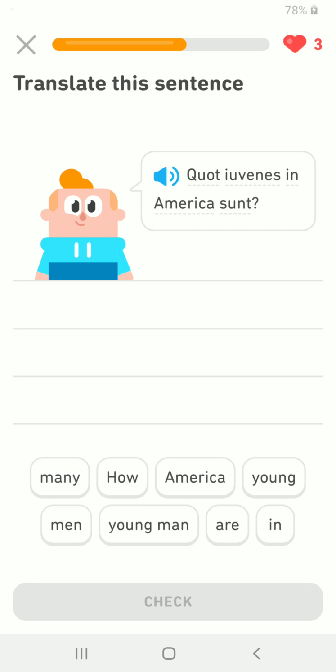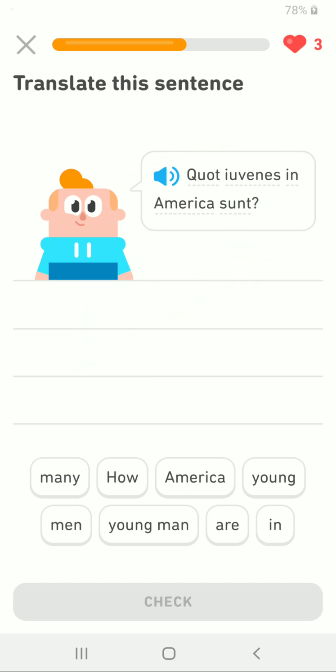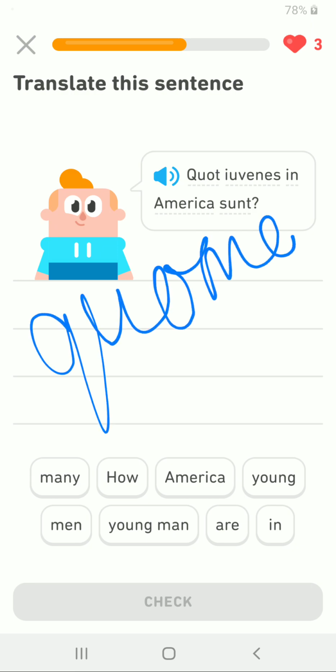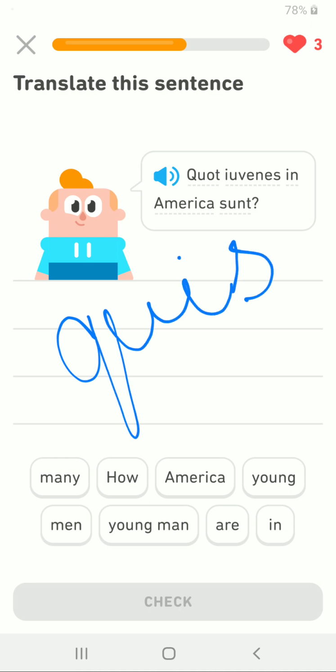Quot means how many. We can check here if you want. How many? Quot. We have seen quid, just a quick reminder. Quid, it's what. And then we have seen quomodo, how, how are you?